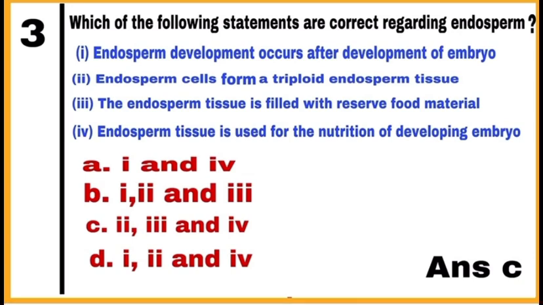Statement 3. The endosperm tissue is filled with reserve food material. And statement 4. Endosperm tissue is used for the nutrition of the developing embryo. Statements 2, 3 and 4 are true statements about the endosperm. So here mark C as the correct answer.